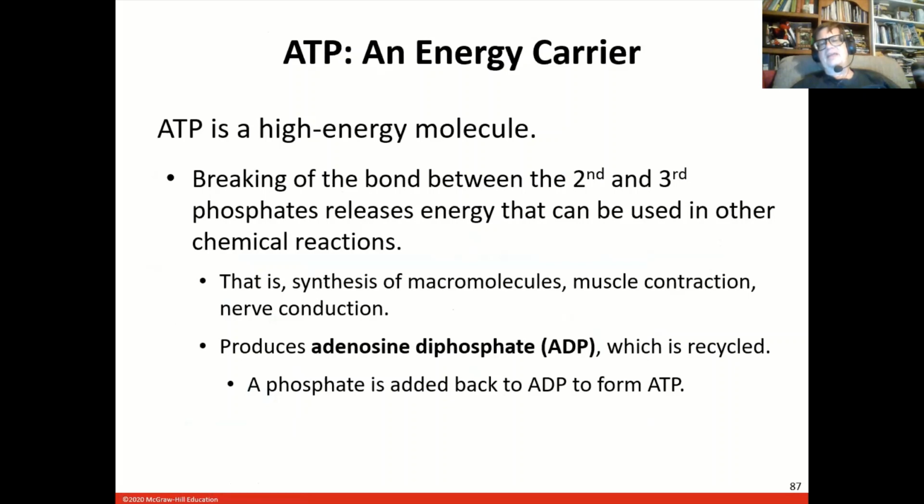That could be making polymers, muscle contracting, nerve conduction, all these things. When ATP breaks apart, you get ADP, adenosine diphosphate, and a free phosphate. And if you put some energy into it, you can stick that back on and make an ATP again.